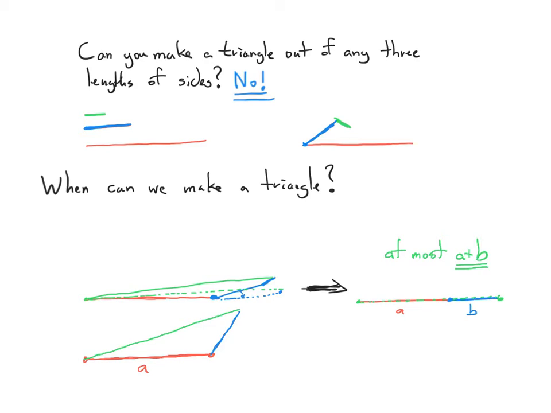But as I rotate this angle here towards the line segment A to make it as small as possible, let's say I rotate it here for now, then the green line segment gets shorter and shorter.